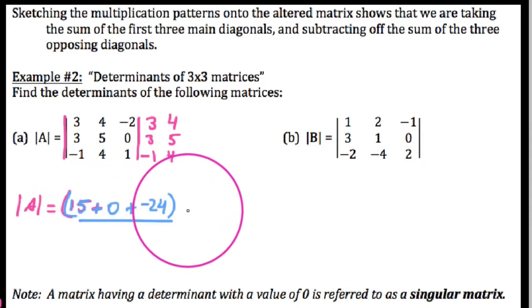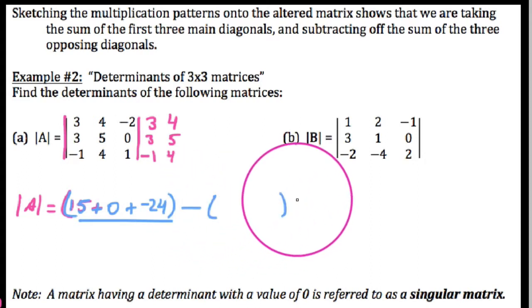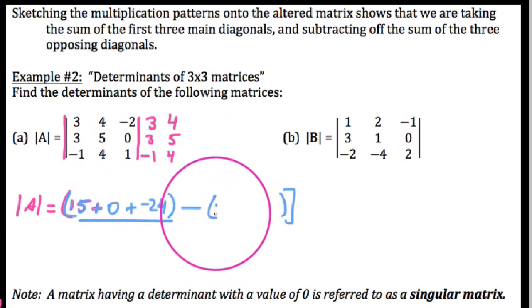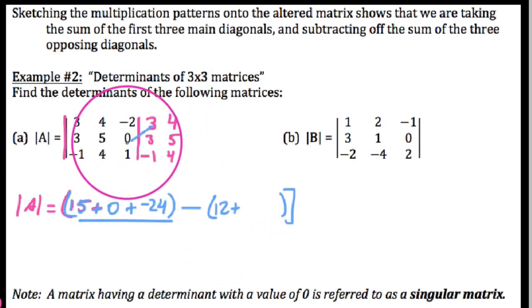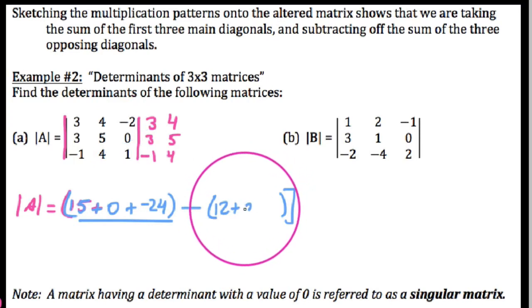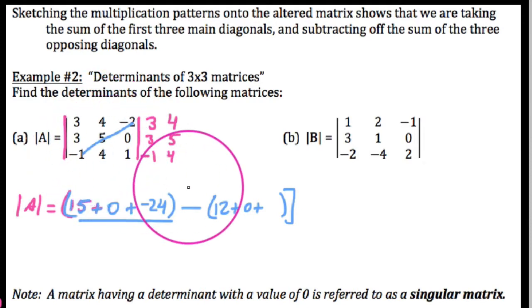Now we're going to take all of this, which was this first quantity, and subtract off the sum of the products of the opposing three diagonals. So starting in this corner, 4 times 3 times 1, we get 12. Plus now, 3 times 0 times 4, we would get 0. Plus now, negative 2 times positive 5 times a negative 1, we get a positive 10.